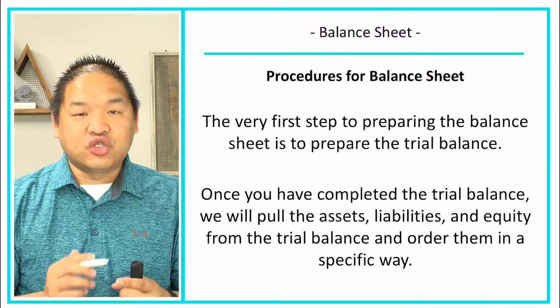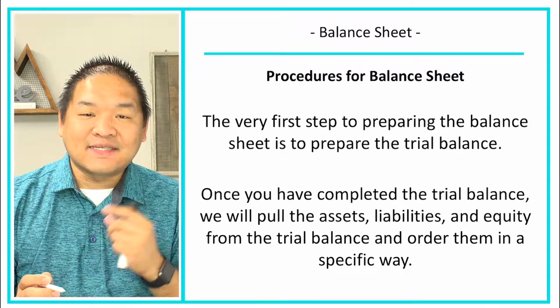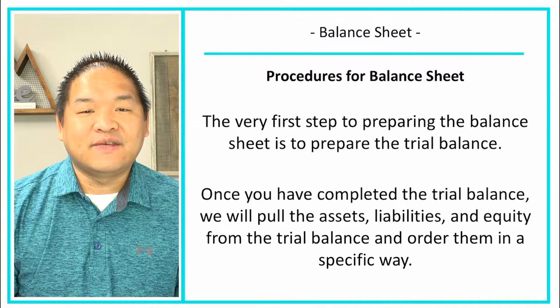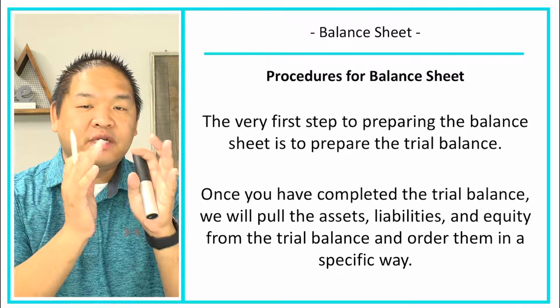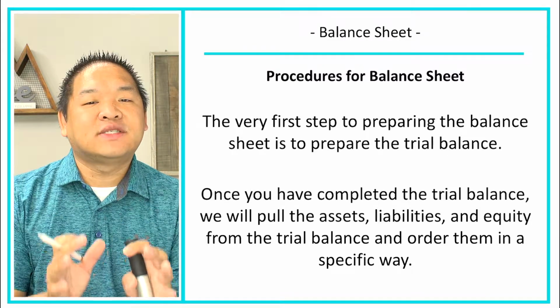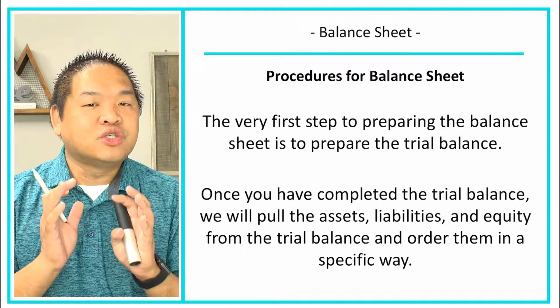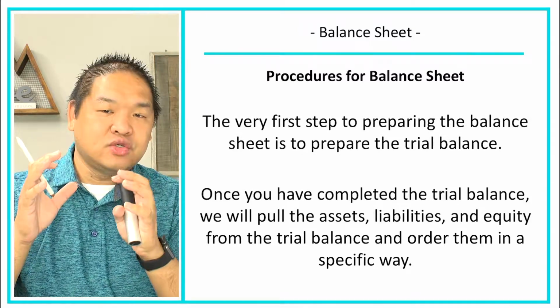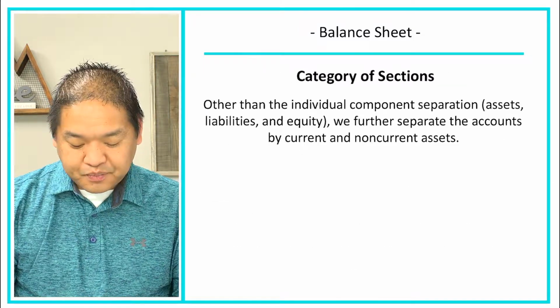Now, once you've completed the trial balance, we're going to pull all the assets, liabilities, and equity from the trial balance and order them in a specific way. So if you've done your trial balance correctly, it's just a copy job at this point. We're just copying the account names and the balances onto the balance sheet.